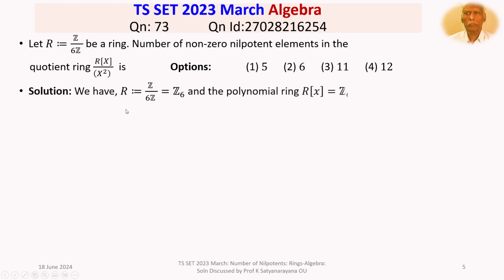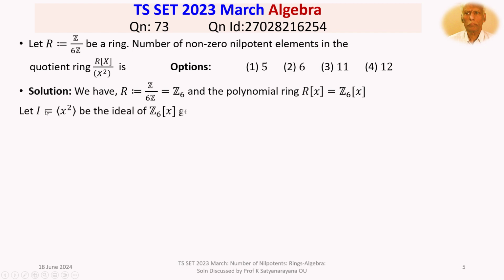We have R = Z/6Z, which is isomorphic to Z6. And we are given the polynomial ring R[x]. This is the set of all polynomials with the coefficients coming from this ring R, that is Z6[x].